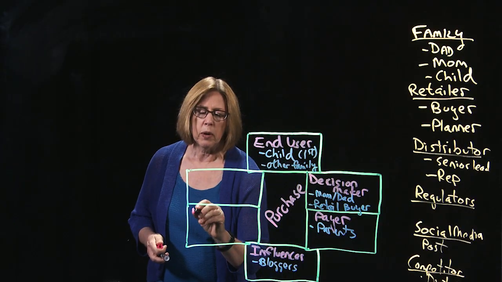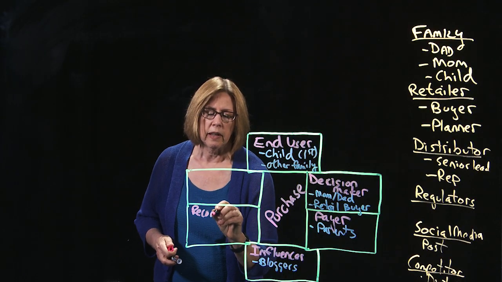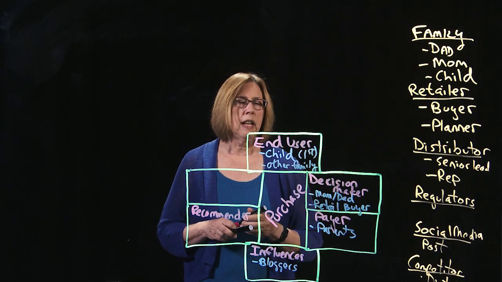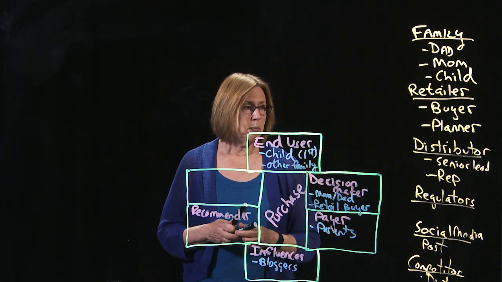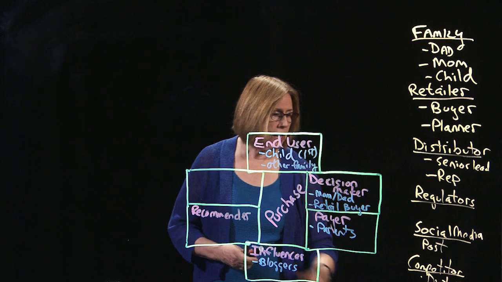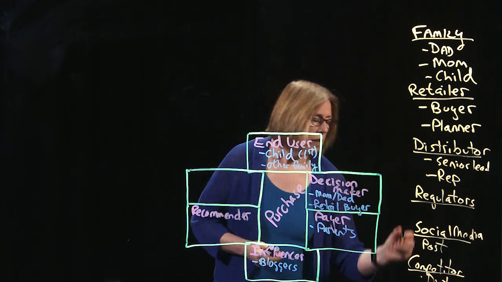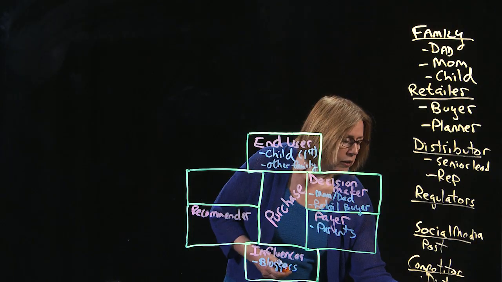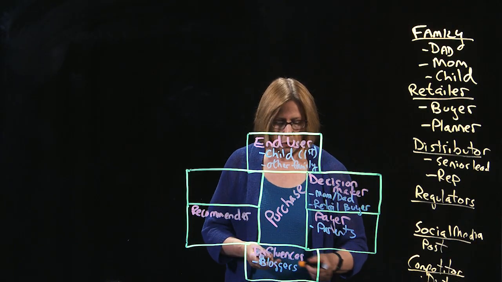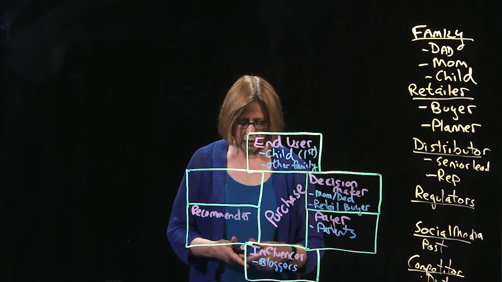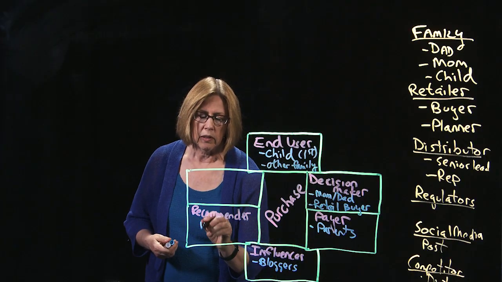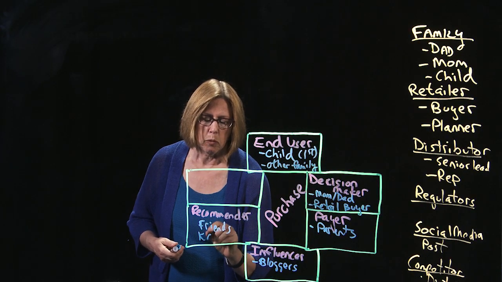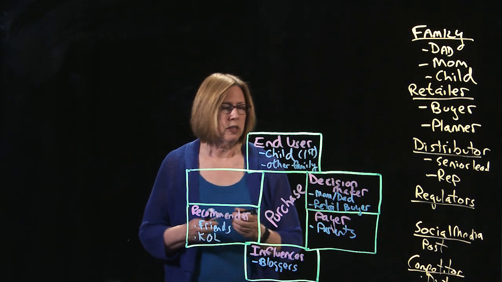Then we come to recommender. In a corporate setting, it may be a professional. In a consumer setting, it may be someone that's not even on this list yet, but it may be friends of this little girl who is so excited about a product. Friends and key opinion leaders are two examples.